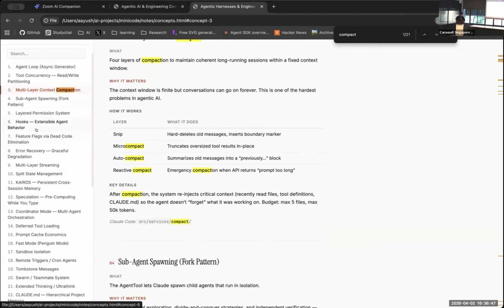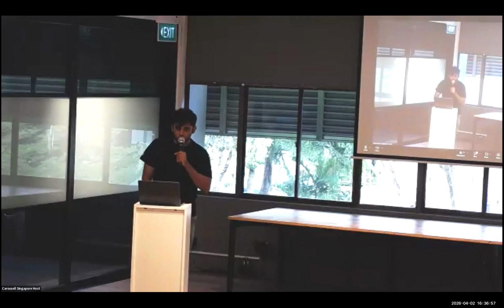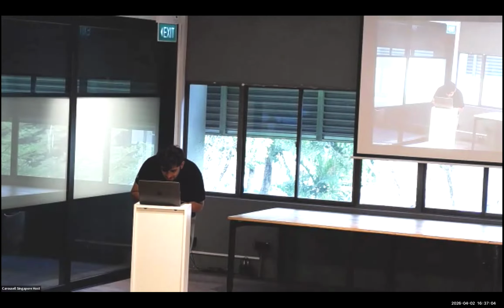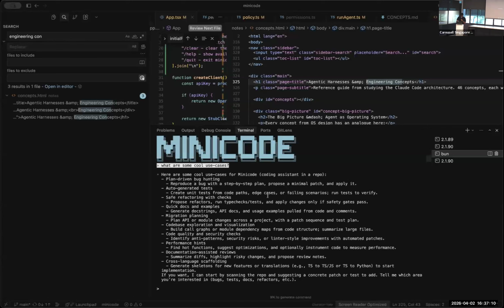It got me thinking: can we build agent harnesses around other use cases outside of coding? So I built a very simple one. I don't know if I have time to share it, but I tried to rebuild Claude Code from scratch. I call it mini code.